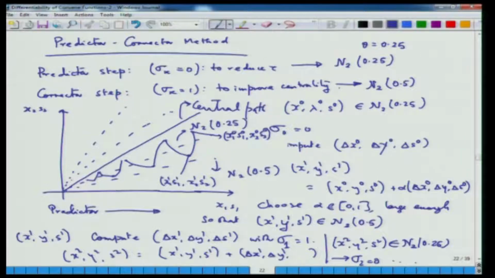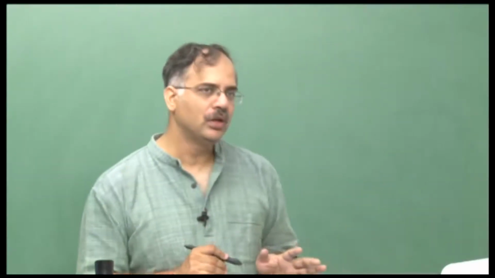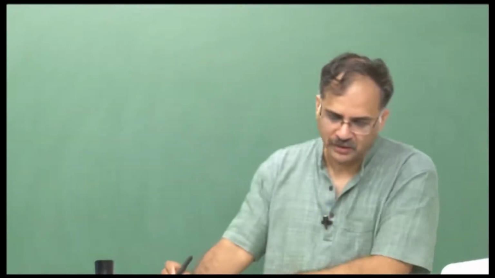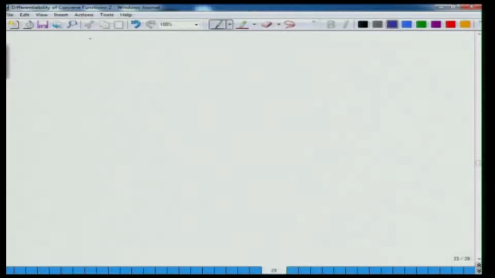Obviously, at every step you will compute the tau, and you will see it is coming down. So, these are certain things which we will not prove, but now we will go and discuss the long step path following algorithm. Obviously, all these things can be proved to follow a polynomial time procedure.